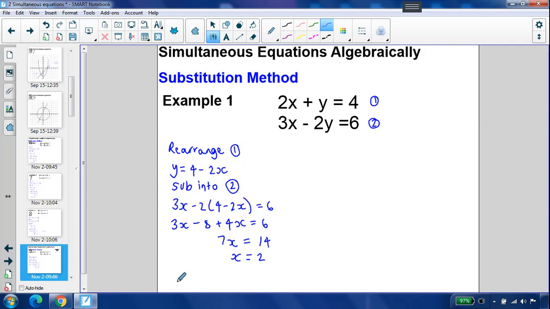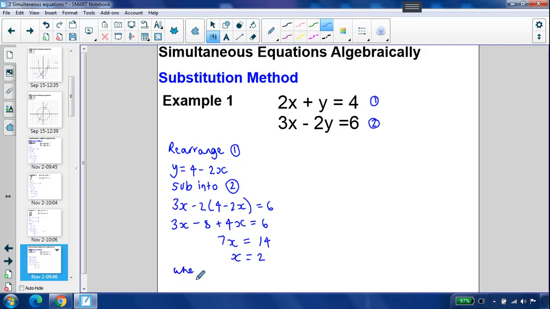So now when x is equal to 2, I'm going to substitute it into here to find what y is equal to. You could substitute it into one of these, but this is already in a nice form because I'll find out what y is straight away rather than having to rearrange to find y.